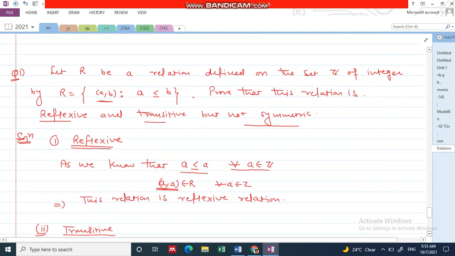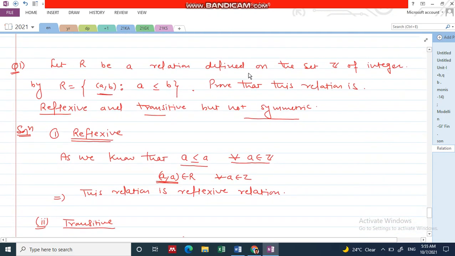The next example is this: let R be a relation defined on the set of integers, in which we have only those elements such that the first element is less than or equal to the second element. We want to prove that this relation is reflexive, transitive but not symmetric.